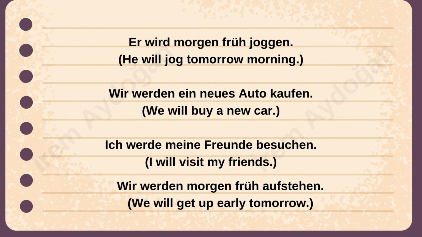We, wir; will, werden; early tomorrow, morgen früh; and get up is aufstehen. And so we can also use it like this if you want to have it in the first part of a sentence, or you can use it like this. But if you want it in the middle of the sentence, you can also use it like this.